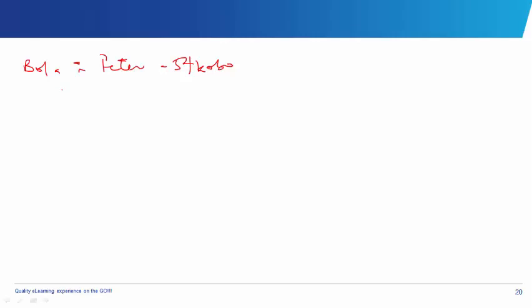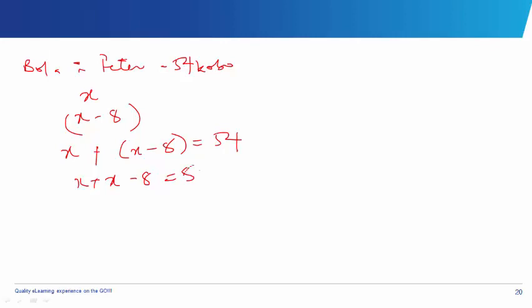Therefore, if Bola's share is x, Peter's share will be x minus 8. This means that x, which is Bola's share, plus Peter's share will give us 54. So we have x plus x minus 8 equals 54, meaning 2x minus 8 equals 54.